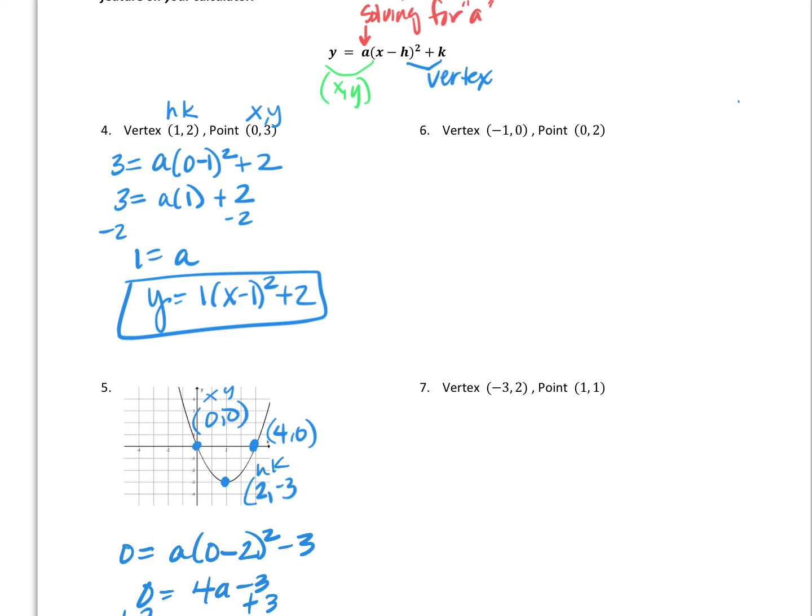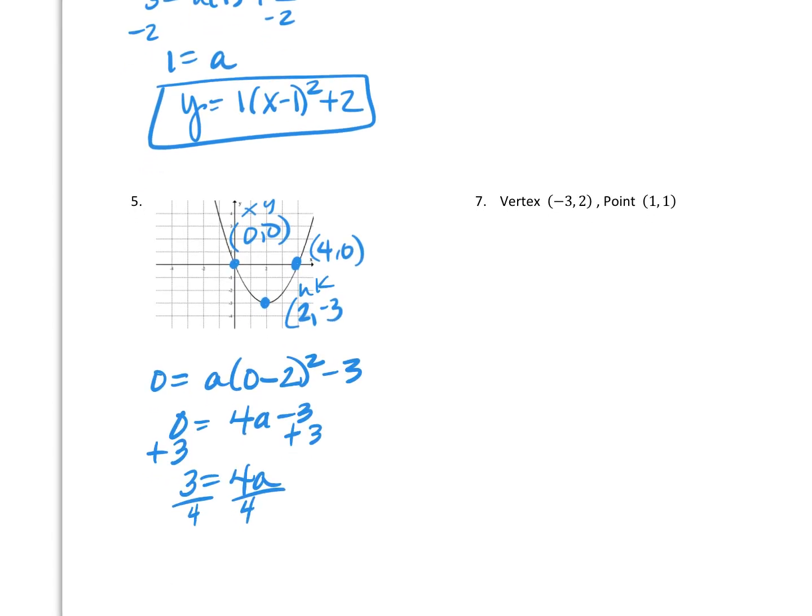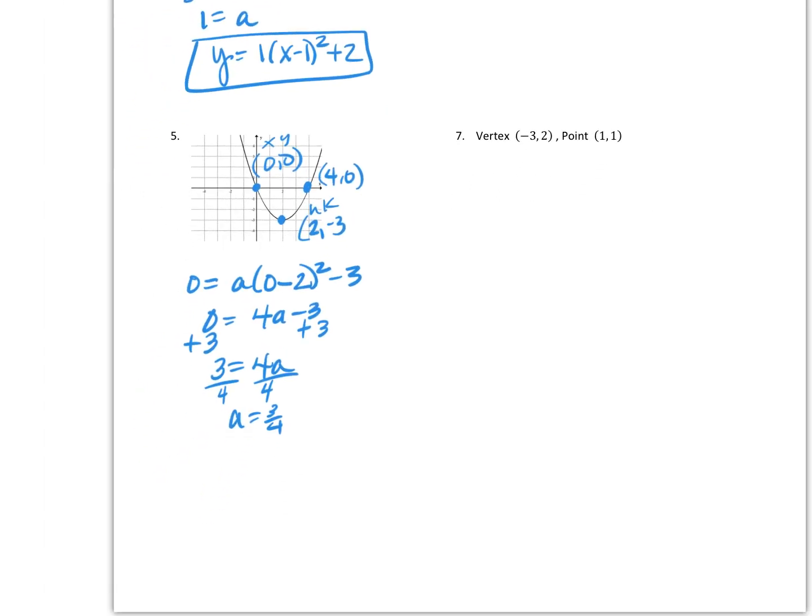Add 3 to both sides. So 3 equals 4a. So a is going to be 3/4. That means my equation will look like this: y equals 3/4 times x minus 2 squared minus 3.